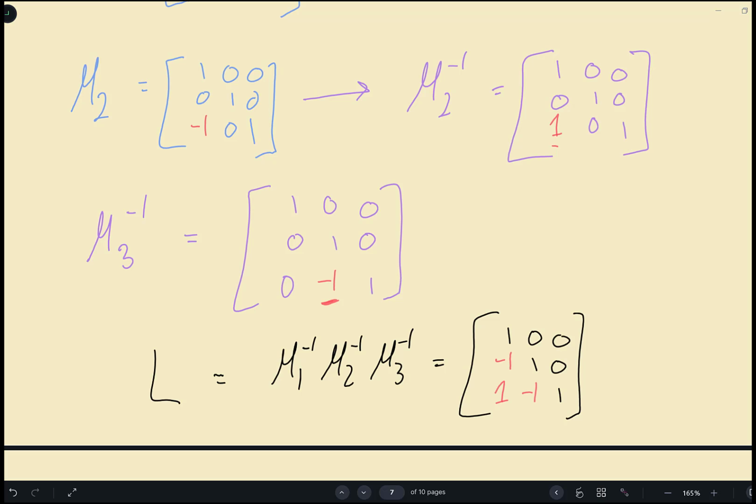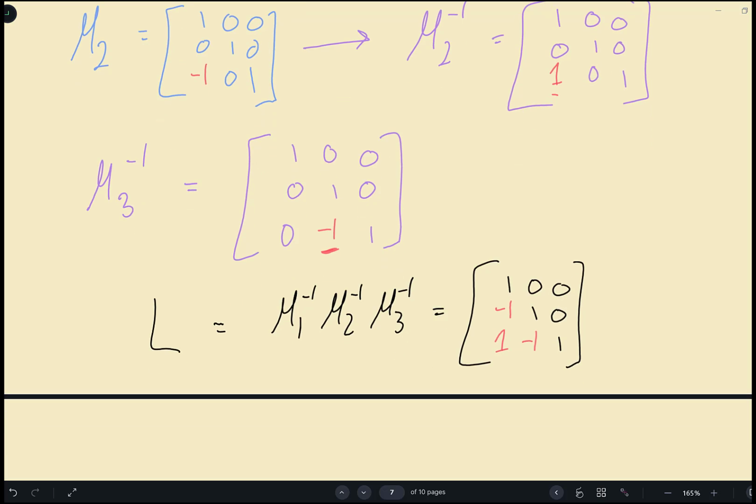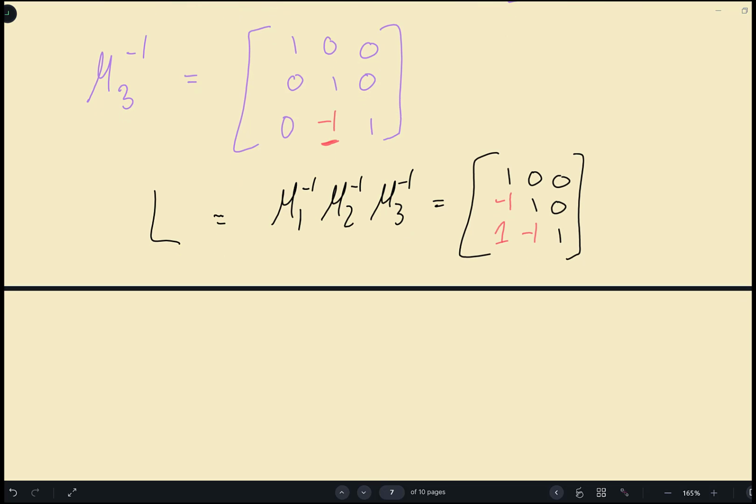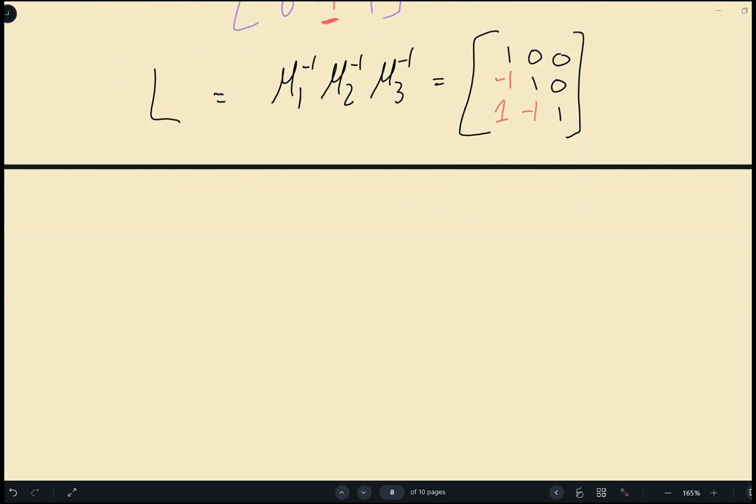So now what we're going to do is work towards using the decomposed coefficient matrix A, LU, to solve for the unknown variables x1, x2, and x3. All right, so let's do that now, where we're basically doing forward substitution and backward substitution.